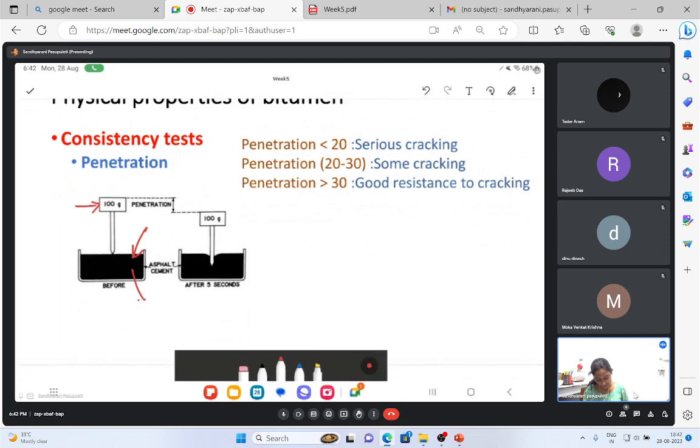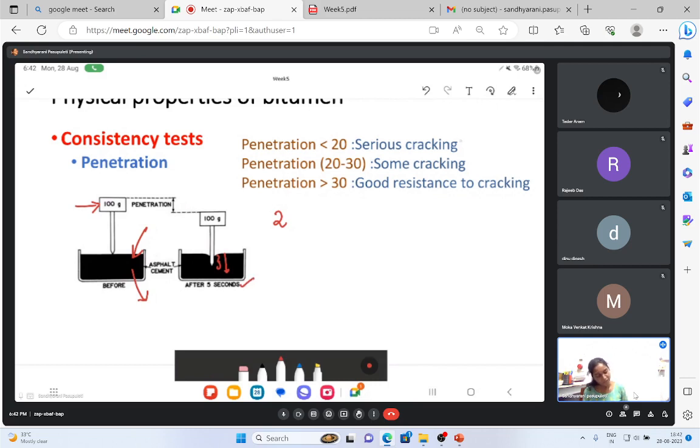If my bitumen is very strong, this needle should not go very far. If my bitumen is very soft, the penetration will be more. So if I have two kinds of bitumen, based upon the amount of penetration, we can say which bitumen is stiffer in nature and which is softer. This is performed for 5 seconds at 25 degrees.